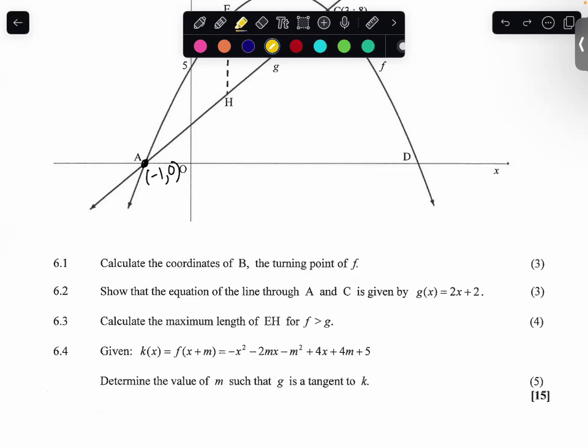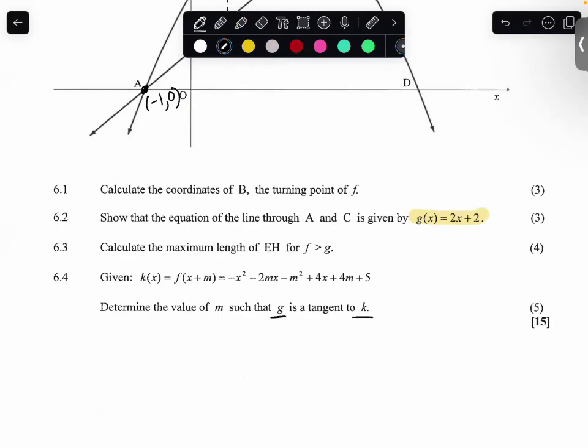So this question says, given k of x is equal to this whole long equation, determine the value of m such that g, which is this graph, is a tangent to k. So this tangent theory that I'm talking about of nature of the roots, this is how you apply it. The first thing you're going to do is when they ask you if one graph is a tangent to another, you're going to equate those two graphs.